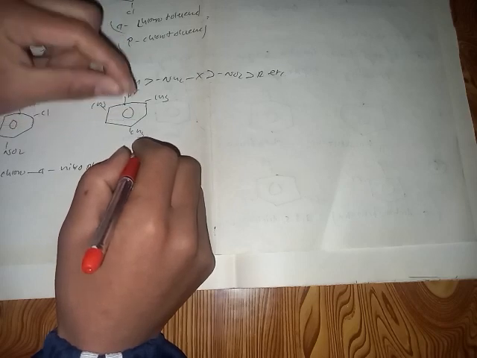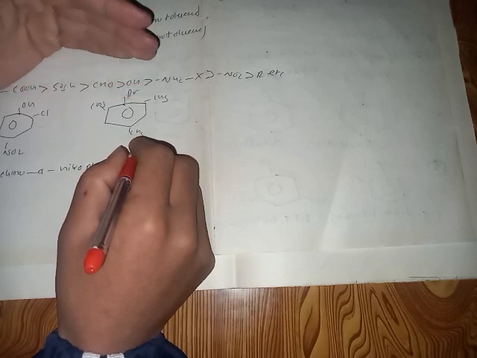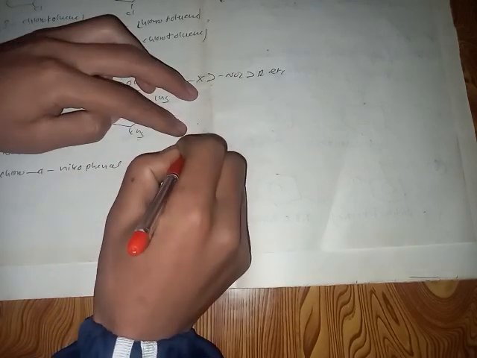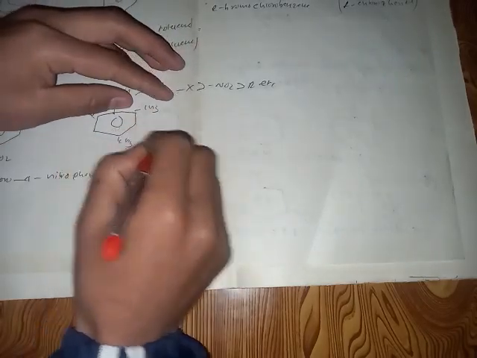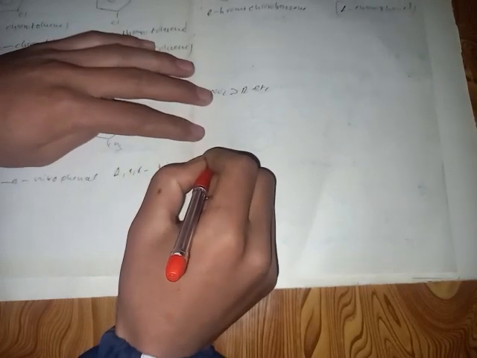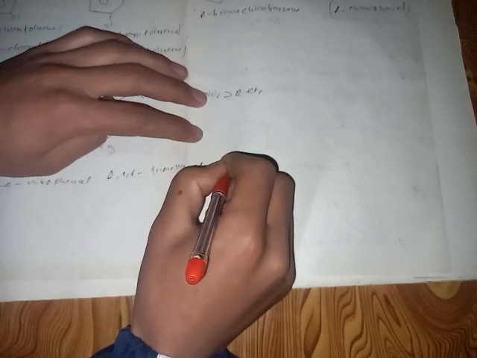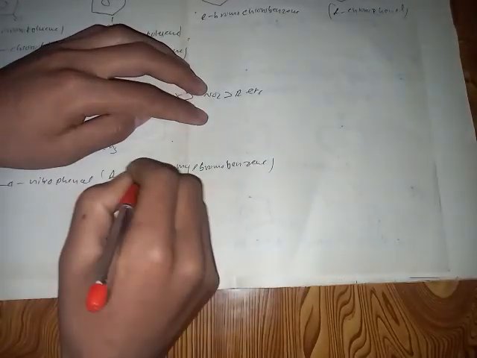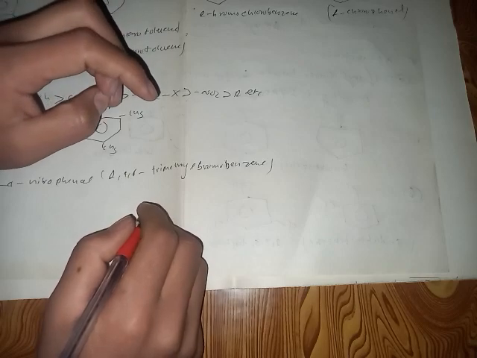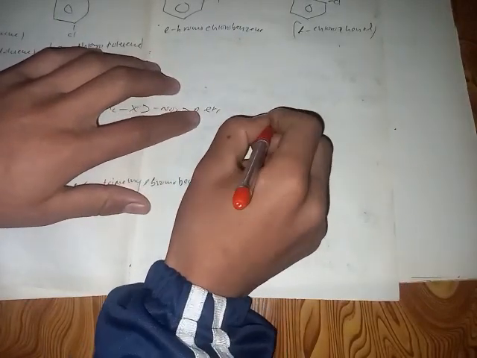Bromine is first, then the CH3. The CH3 means methyl group, so we write down methyl. So the name of this compound is 2,4,6-trimethylbromobenzene. The name of this compound is 2,4,6-trimethylbromobenzene.